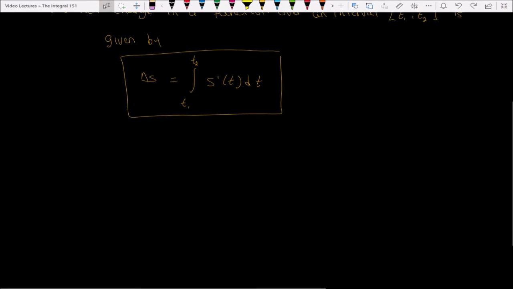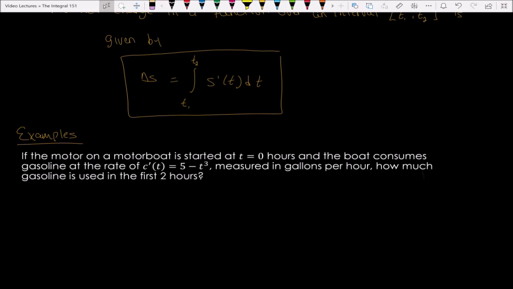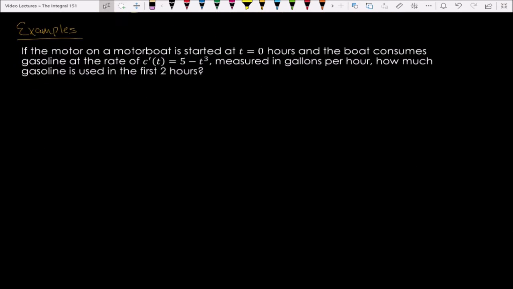Let's now consider some examples. If the motor on a motorboat is started at t equals 0 hours and the boat consumes gasoline at the rate of 5 minus t cubed, measured in gallons per hour, how much gasoline is used within the first 2 hours?